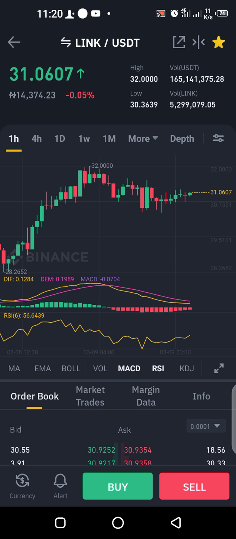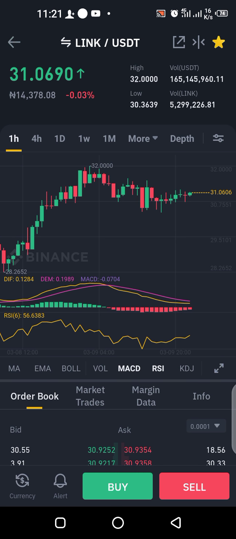You want to make sure you make more profit than loss. That's why the smaller your capital you want to invest in the market, the fewer coins you will be trading. Just focus on one coin if you don't have more than $50.